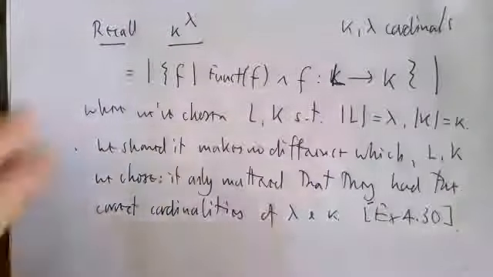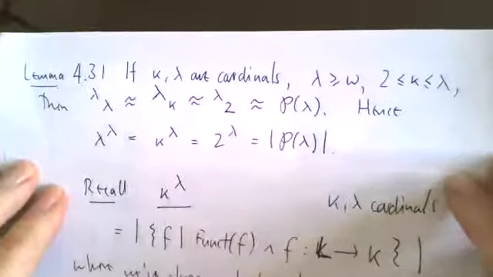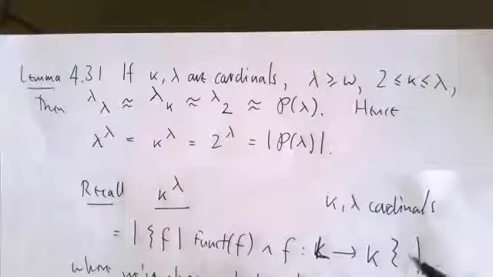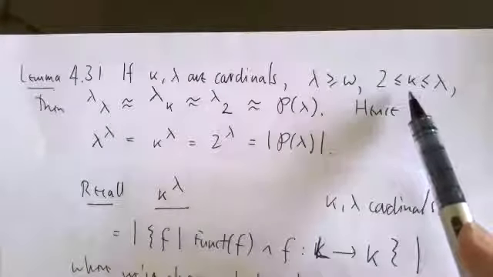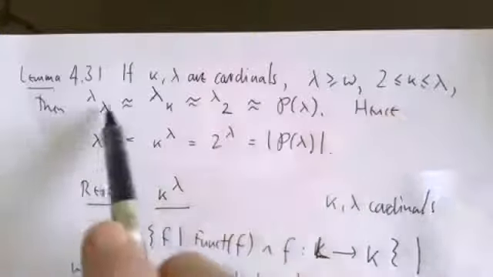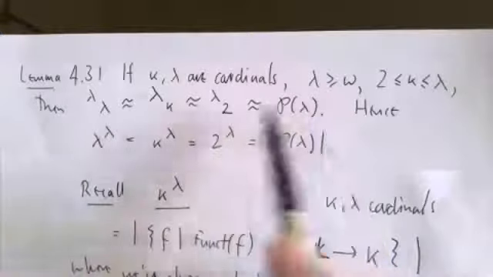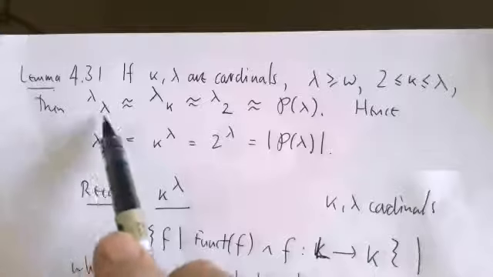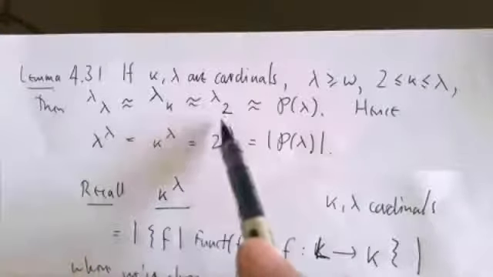We then showed 431 up here. Okay. If I take cardinals, kappa could be finite, but kappa is less than or equal to the infinite lambda. Then all of these sets were bijective. So a set of functions from lambda to lambda is bijective with a set of functions from lambda to 2.